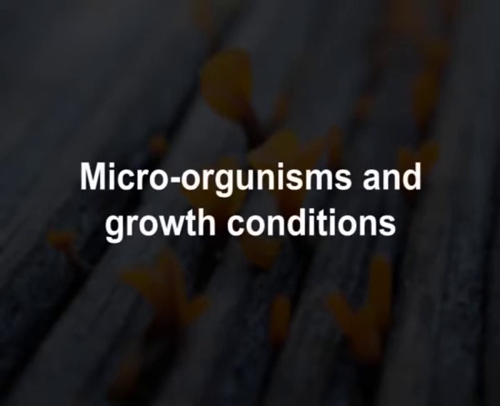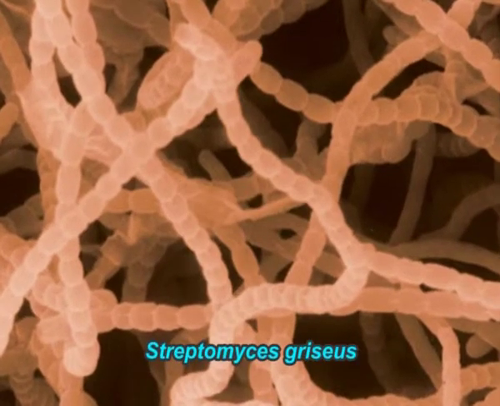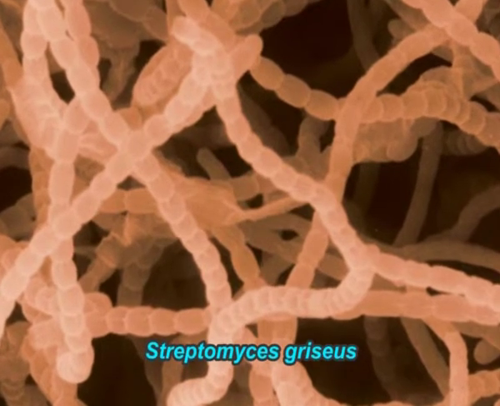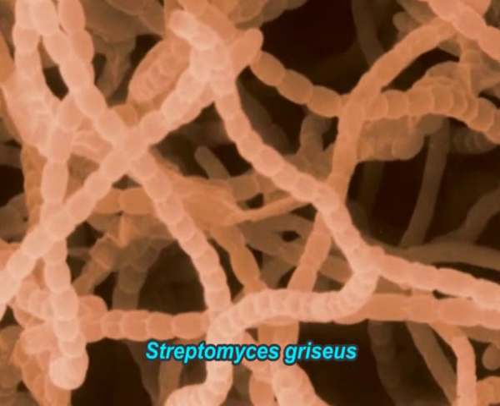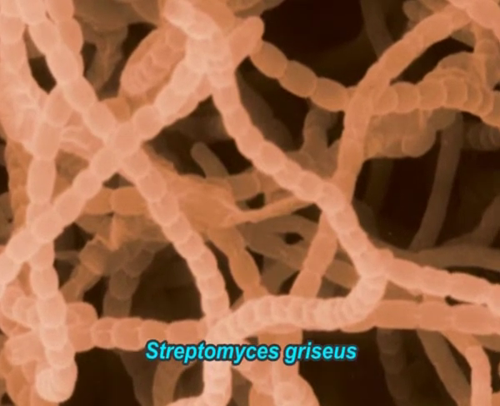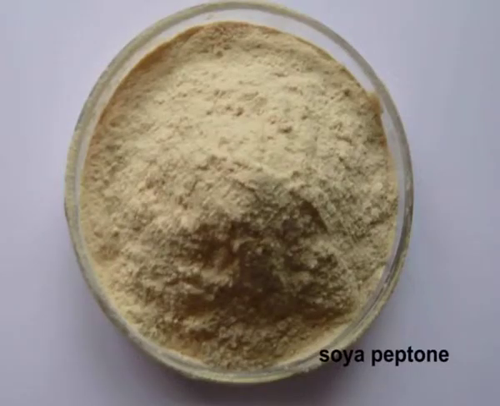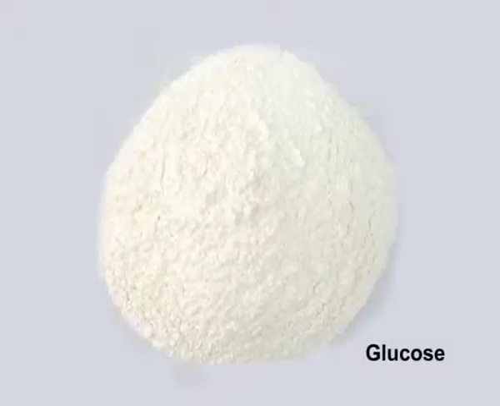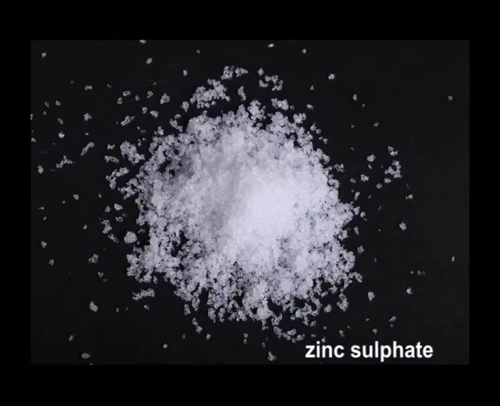Microorganism and growth condition: Streptomyces griseus, the strain producing Candicidin, was grown in a medium supporting high antibiotic production, which contained soya peptone 25 gram, glucose 65 gram, and zinc sulfate 0.5 mM.